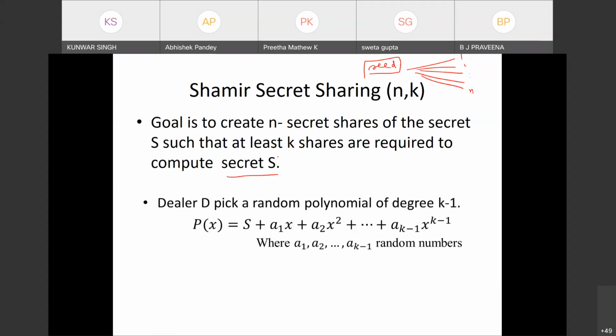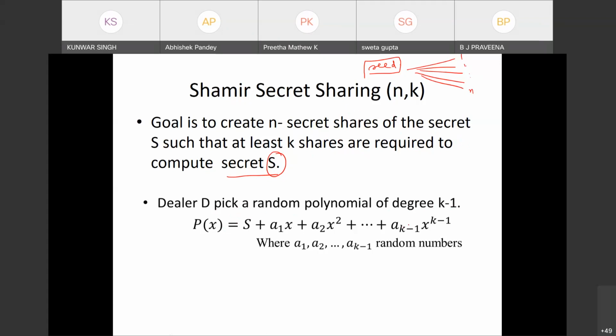Let's say my secret is S. I want to create n shares such that only k will be enough to compute S. I'm the dealer, so I'll pick a random polynomial of degree k minus 1.